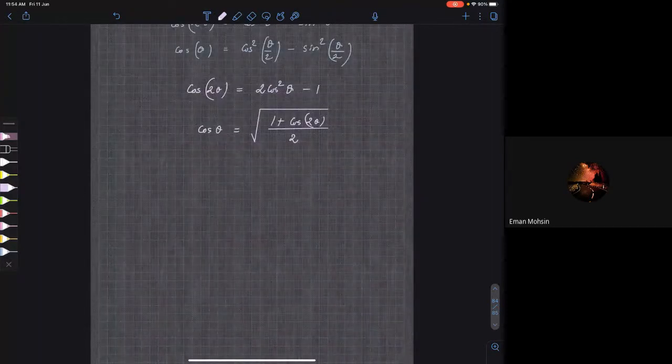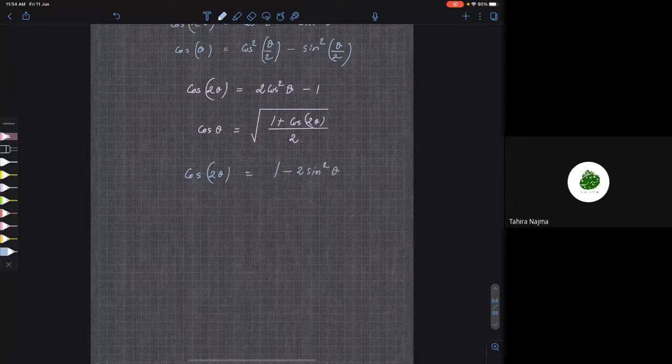Similarly, we can write cos 2 theta equal to 1 minus 2 sin square theta. So based on this, what is sin theta equal to? Root of 1 minus cos 2 theta by 2. Remember?